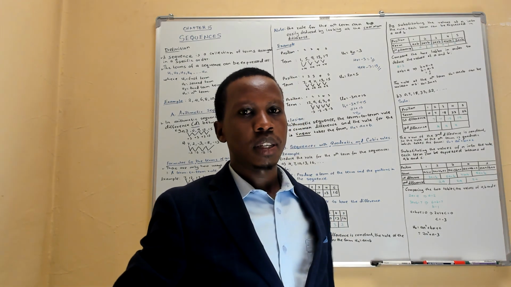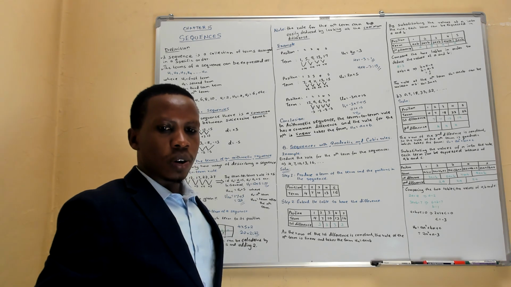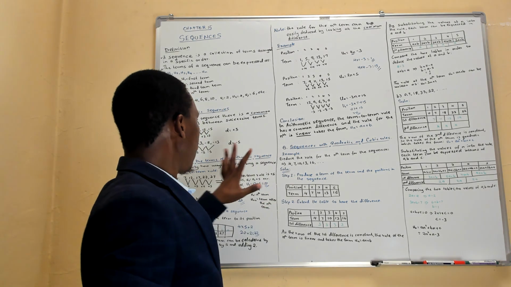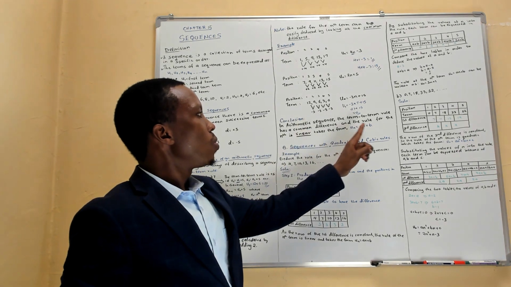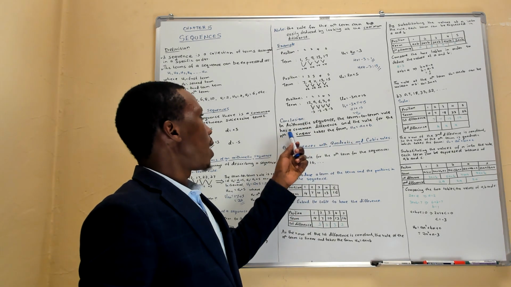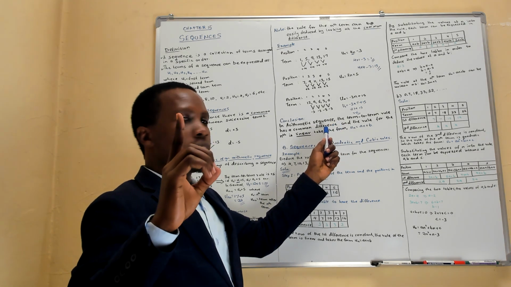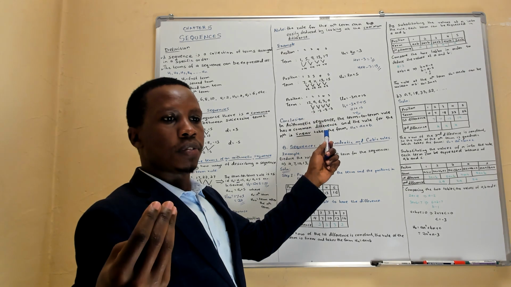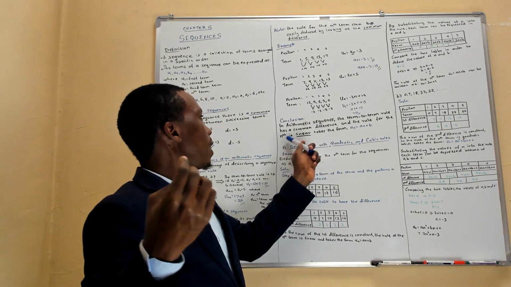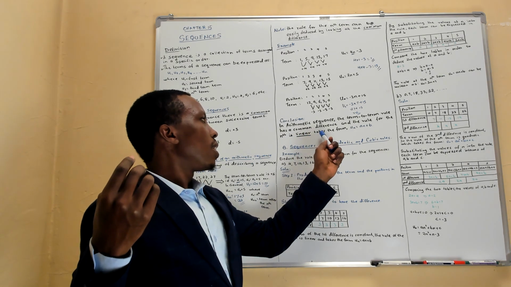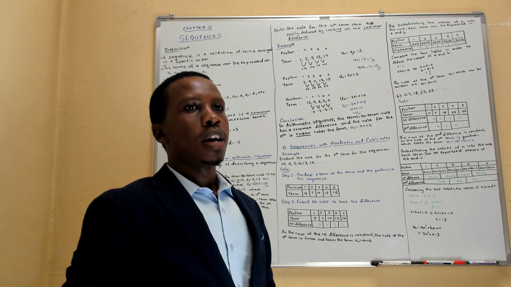Now, let's see about the conclusion. We are saying in our conclusion that all that we have been discussing in arithmetic sequences, the term to term rule has a common difference. That is the first point to note. And if the rule for the nth term is linear, then it has to take the form of an plus b.